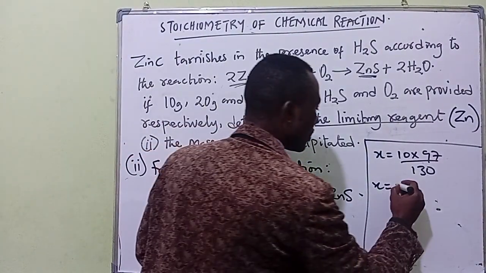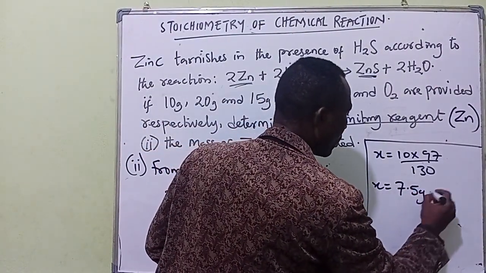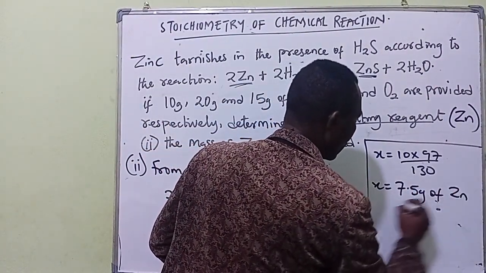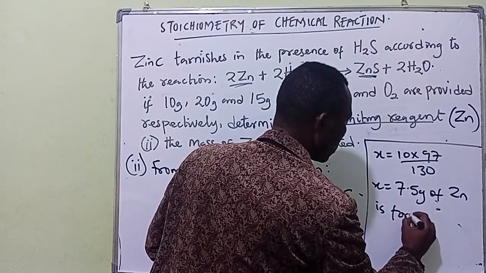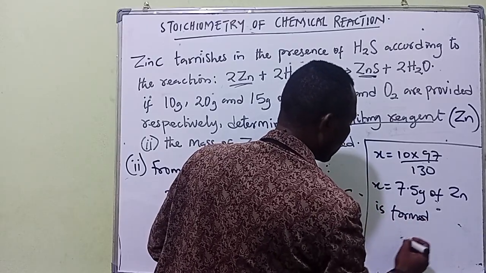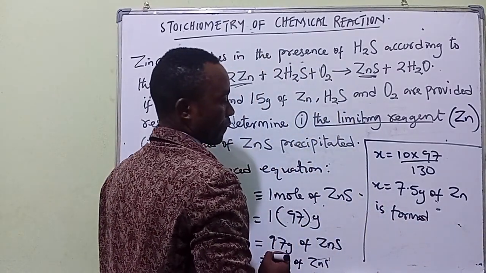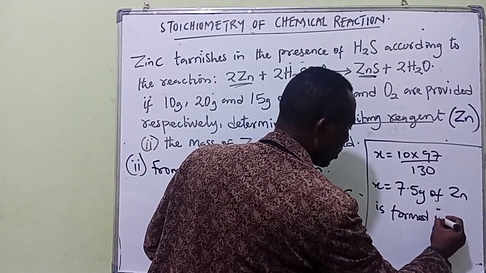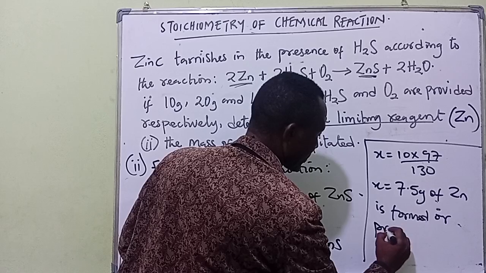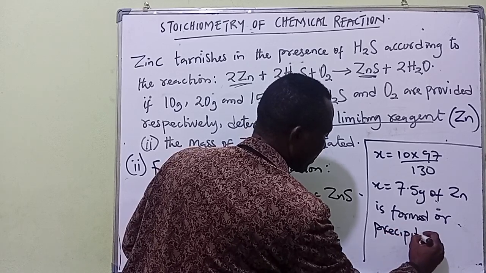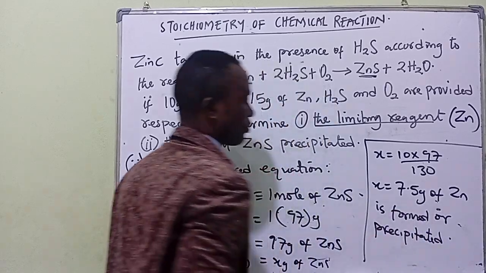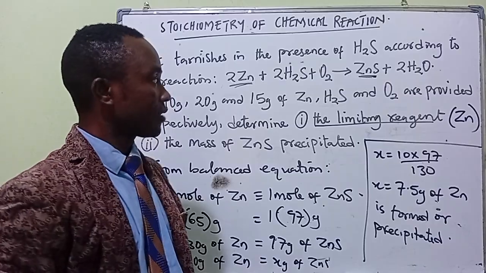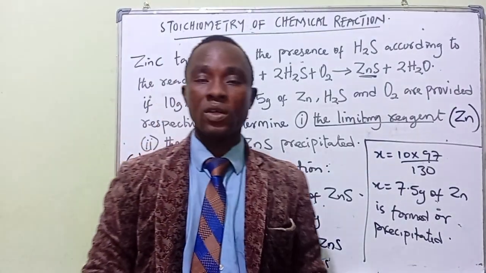So we have 7.5 gram of zinc sulfide formed. So the amount of zinc sulfide formed is 7.5 gram. Either you use formed, or if you like, you use precipitated, as stated by the equation.